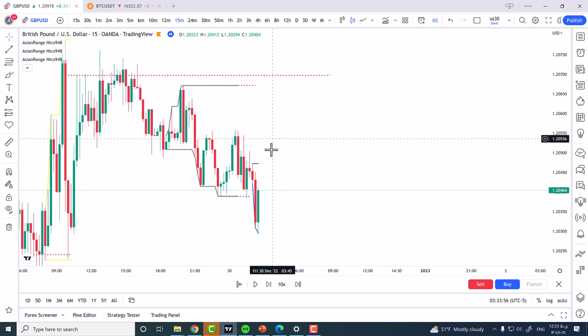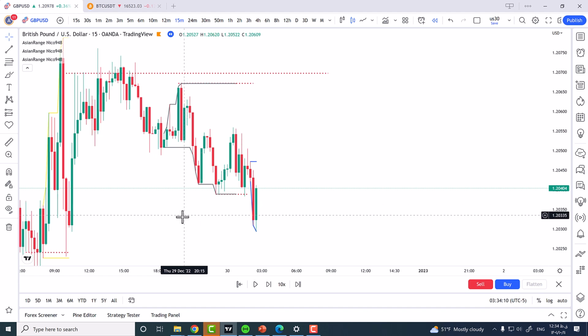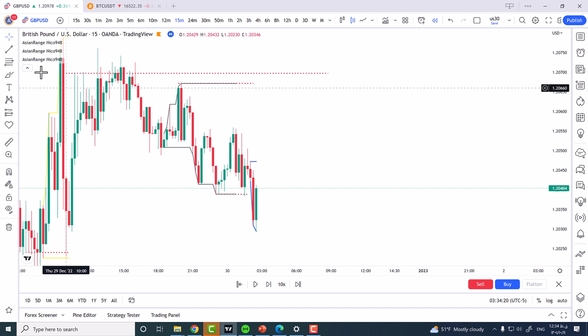So we should find confluences with Asian range liquidity and order blocks, liquidity points, support and resistance, round numbers. We don't try to grab those movements only by using Asian range liquidity or other sessions' liquidity. That is not going to have good results with just using session liquidity.